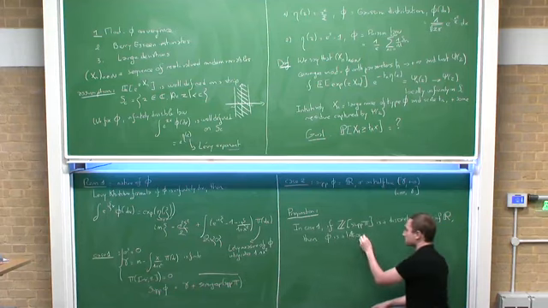Up to scaling, we can always assume that this subgroup is included into the group of integers. So up to a renormalization, one can assume that this group is included into Z. And then, in particular, the support of phi is included into Z.